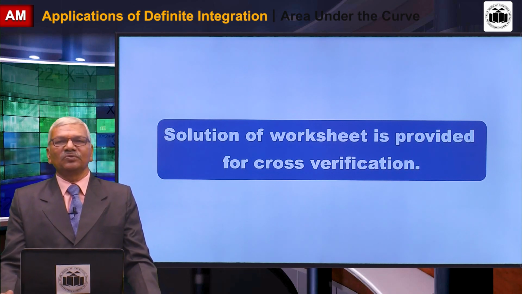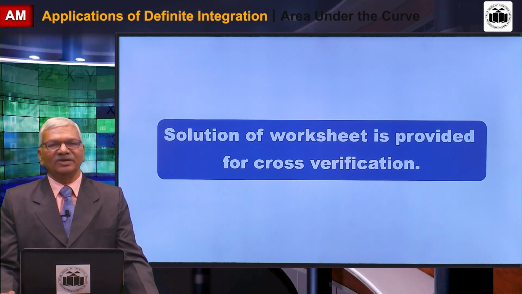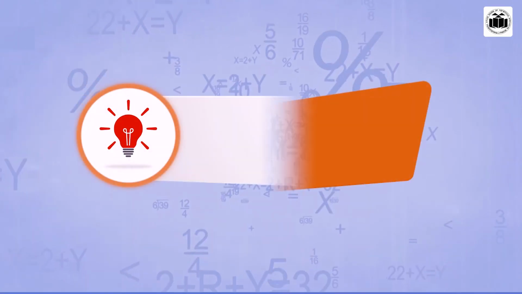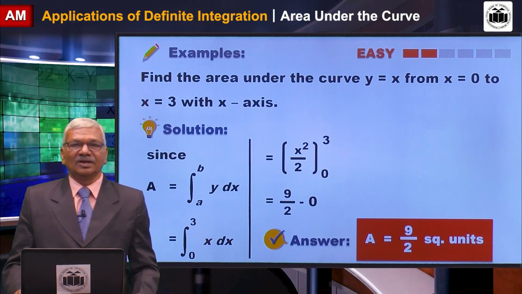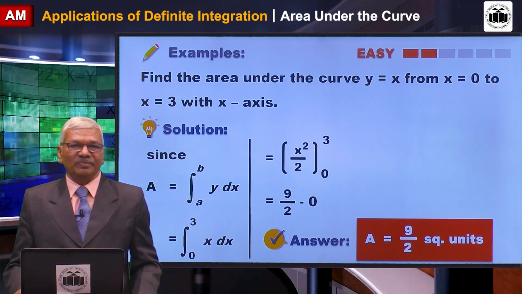Now, the solution of the worksheet is provided for cross verification. See the solution of the problems.